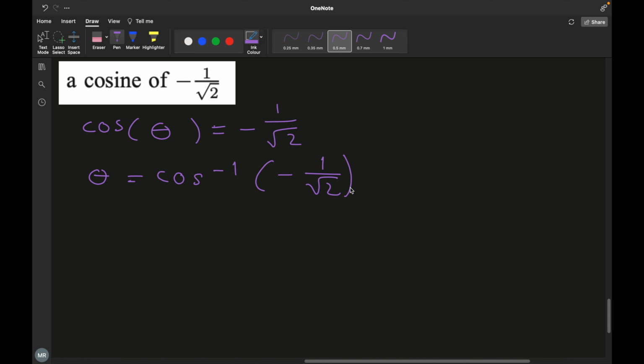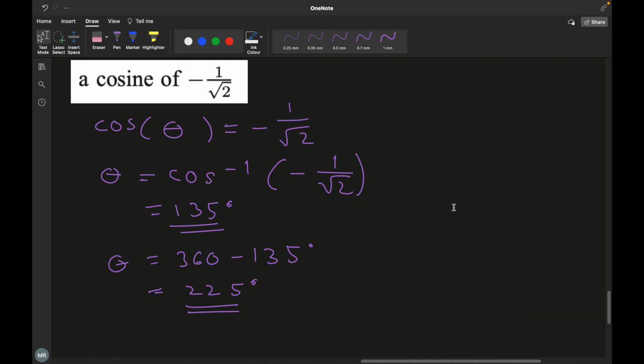If we find that, we get 135 degrees. And similarly, theta would be 360 minus 135, which is 225, and it lies in the third quadrant. So therefore, our answers are 135 and 225.